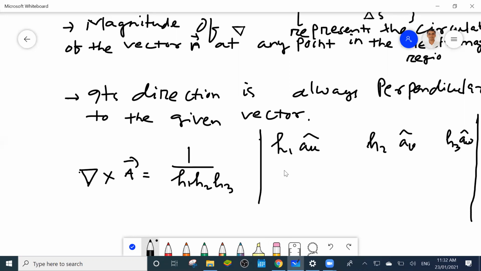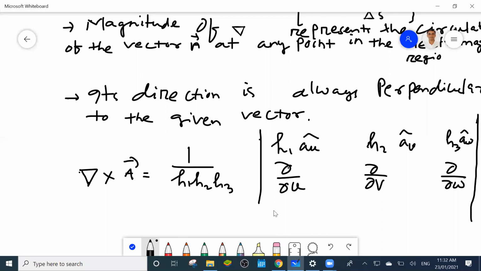Then the second row element is, since the vector A is in terms of u, v, w, del by del u, del by del v, then del by del w.